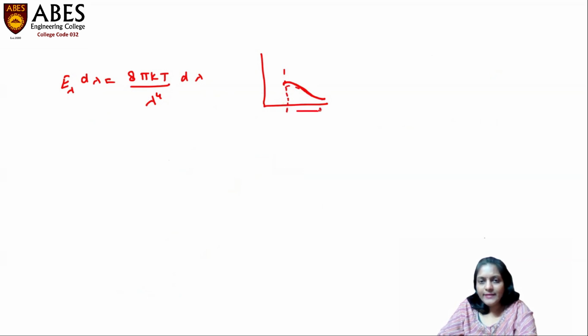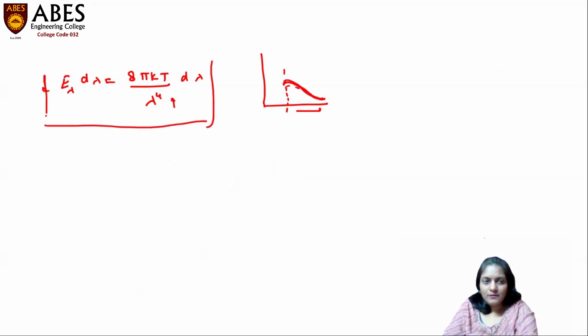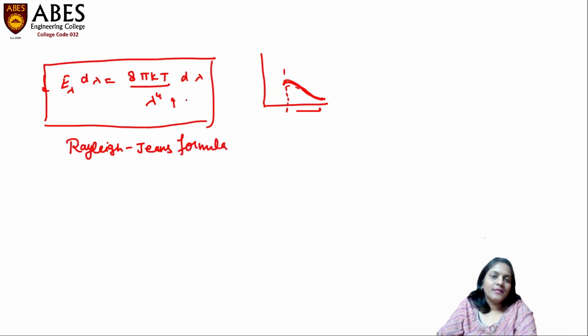As lambda increases, E lambda d lambda decreases. This formula is called the Rayleigh-Jeans formula, and this formula is valid for the higher wavelength region.